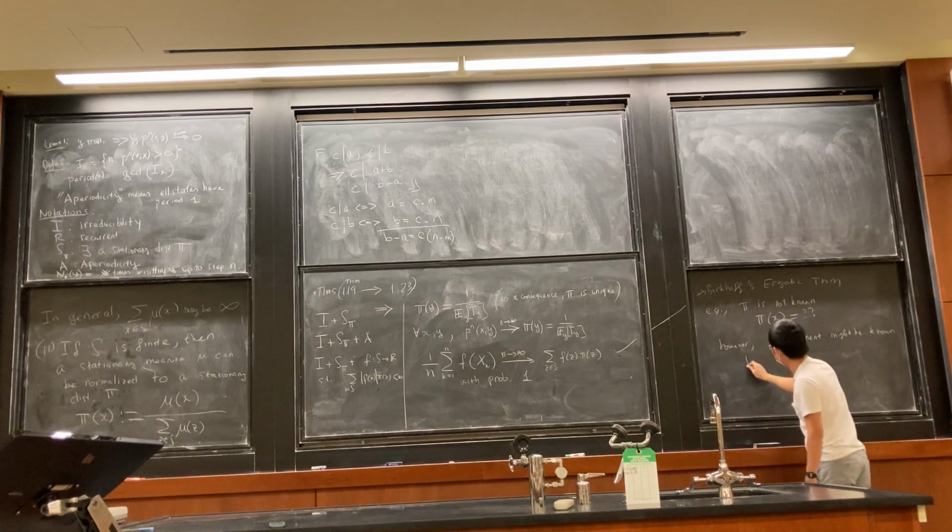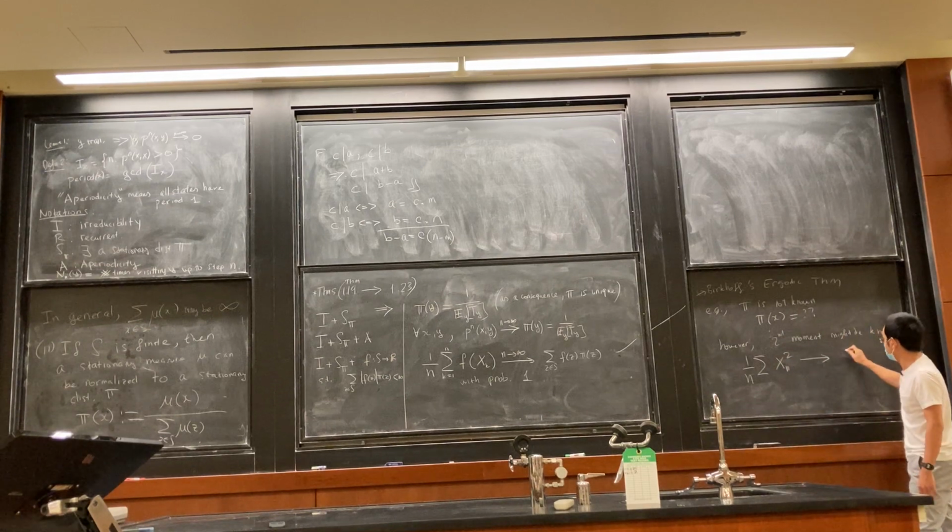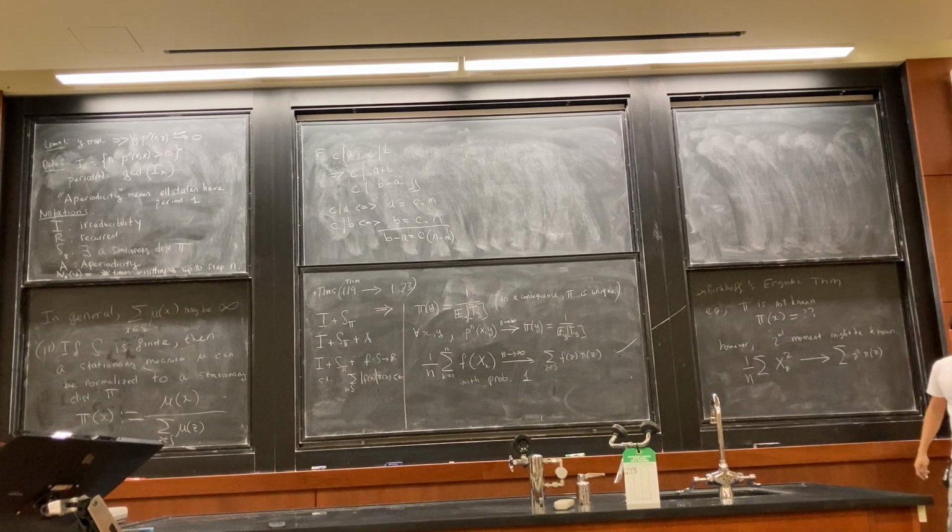That means 1 over n summation of x_n squared will go to summation of z squared pi z, which is the second moment of pi, right? That is the second moment, for instance.